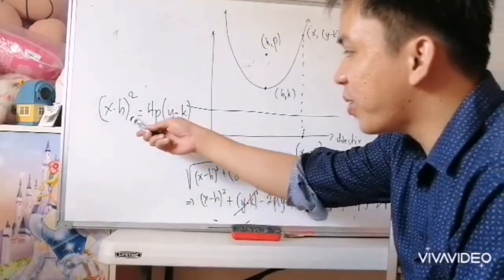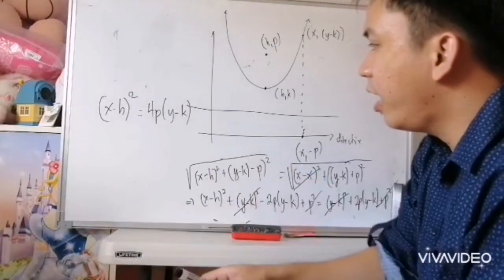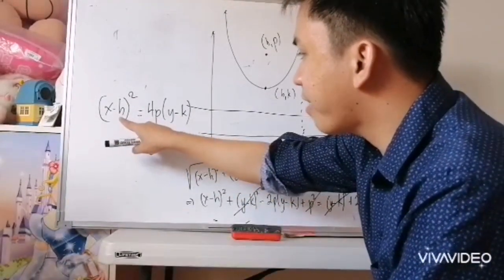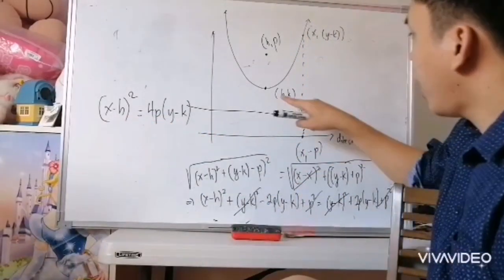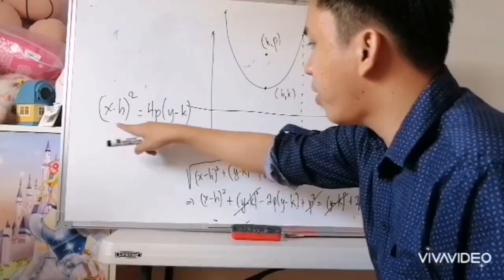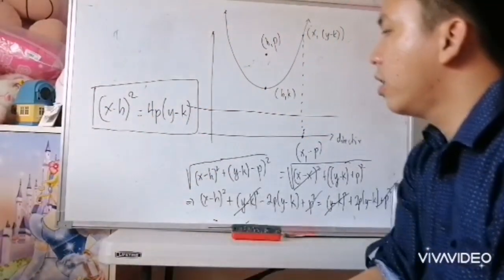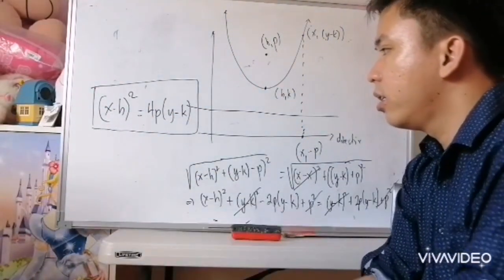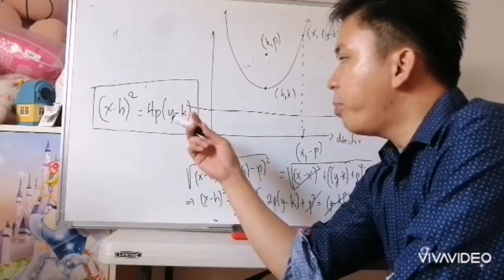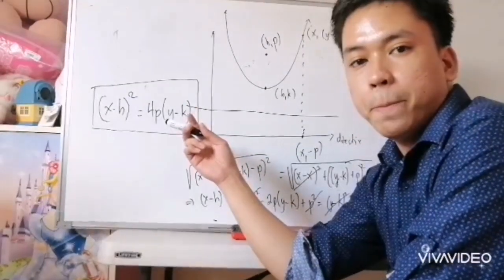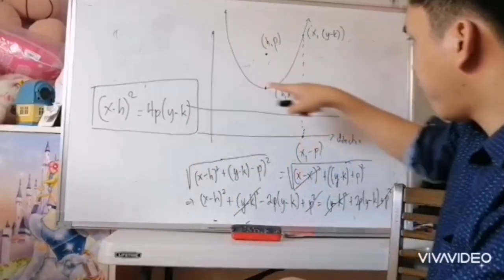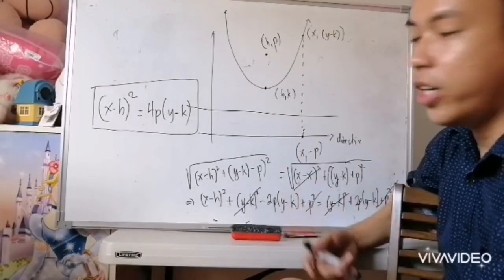Now this is actually the equation of a parabola if you have a vertex at point (h, k). So this is now the equation of your parabola. And this type of parabola opens up, as what we have illustrated earlier.